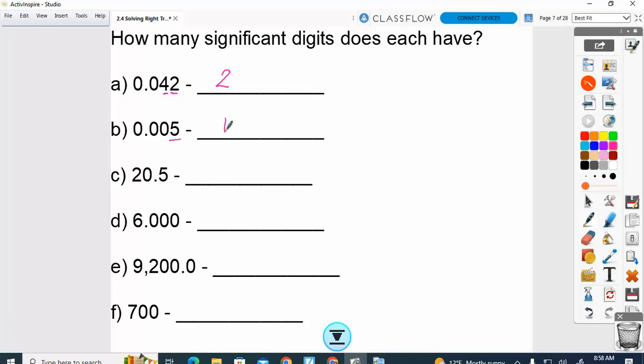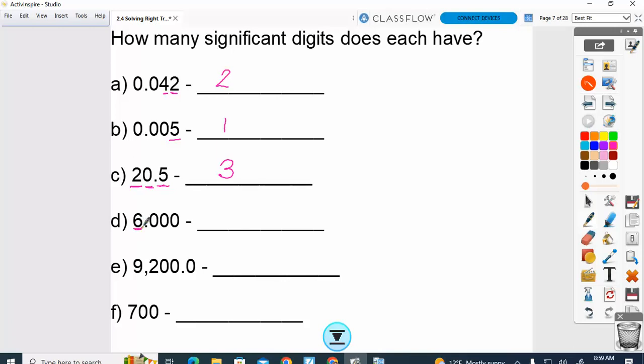What about C? If the 0 falls between digits, we still count it. So this will give us a total of 3 significant digits. Okay. D. The first non-zero digit is 6.